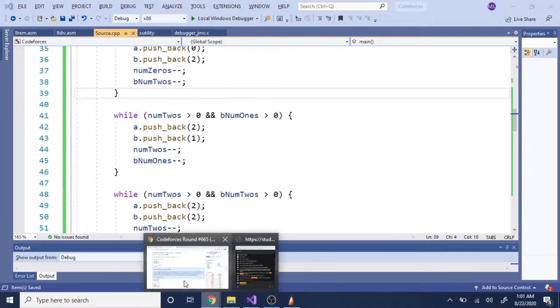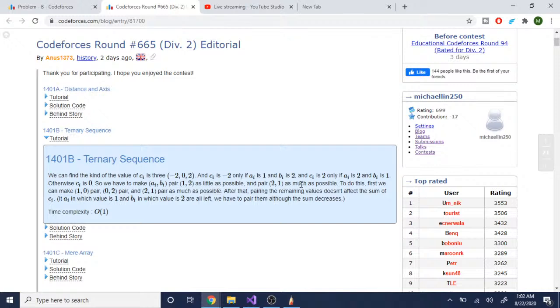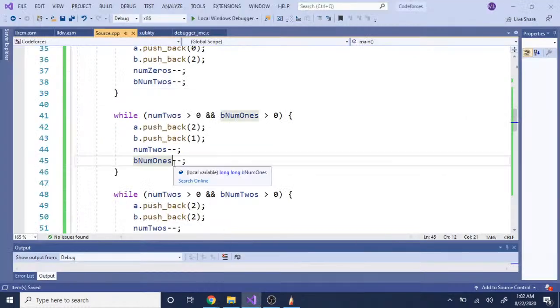Then pair all the 2 1s. 1 0 pair, 0 2 a pair, 2 1 as much as possible. After that pairing, the sum doesn't matter, so we add zeros for them.